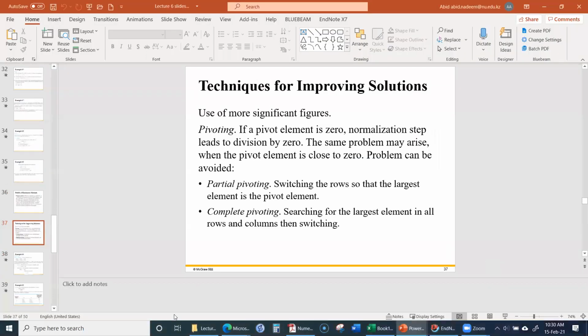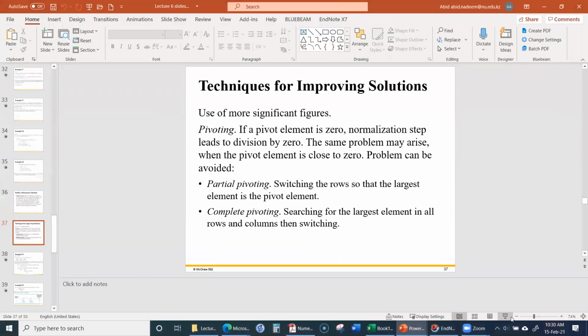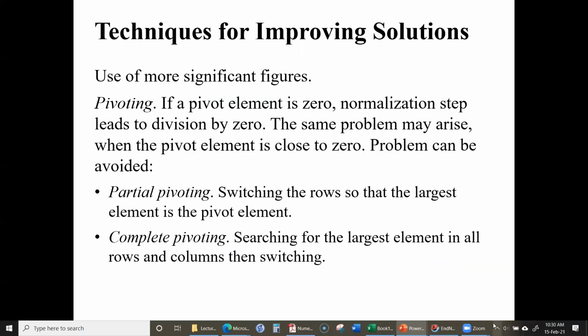So if a pivot element is 0, normalization steps lead to division by 0. The same problem may arise when the pivot element chosen is close to 0. So this problem can be avoided by partial pivoting and complete pivoting.